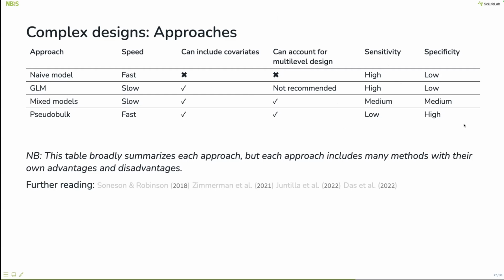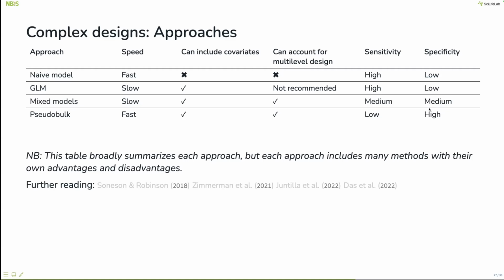Whereas the pseudobulk is criticized for being underpowered. Typically the genes that you get will be true, but you will also have a lot of false negatives, just because you're reducing your information, so you lose power as well. And then the mixed models are a bit in between.